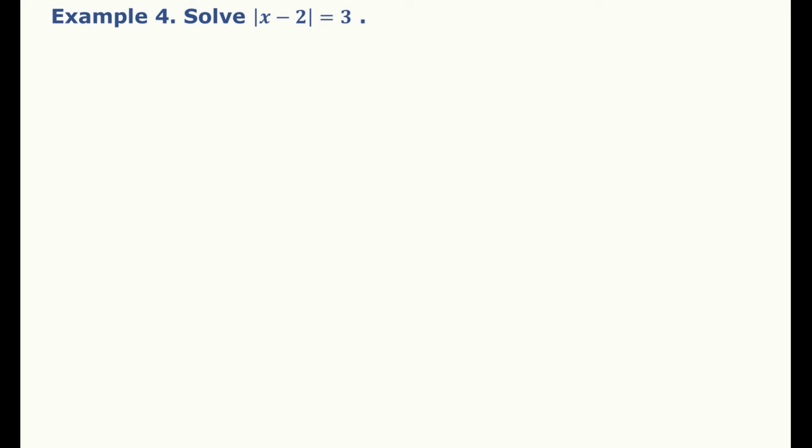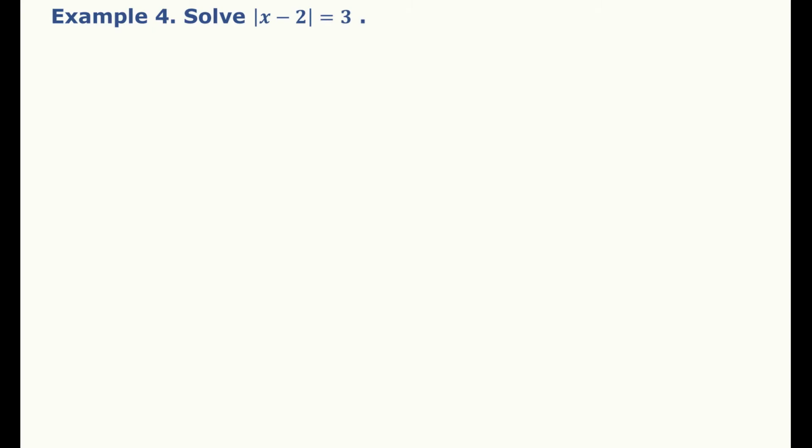All right, this is a very similar problem, except it's not just the absolute value of x, which is 3, it's the absolute value of x minus 2, which is 3. So the distance between this item and 0 is 3. The way to think about this, which makes it very simple, is to tell yourself, the absolute value of some number, and remember x minus 2 is some number, is 3.